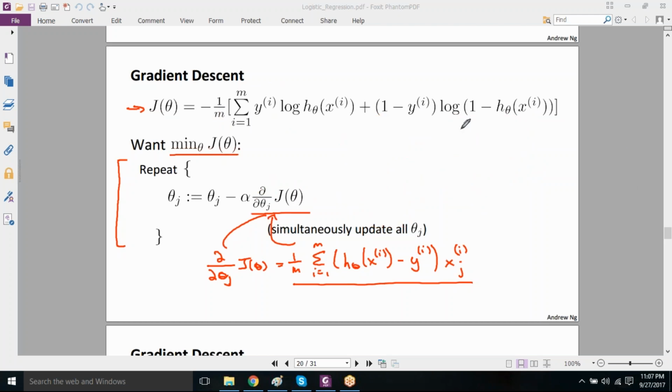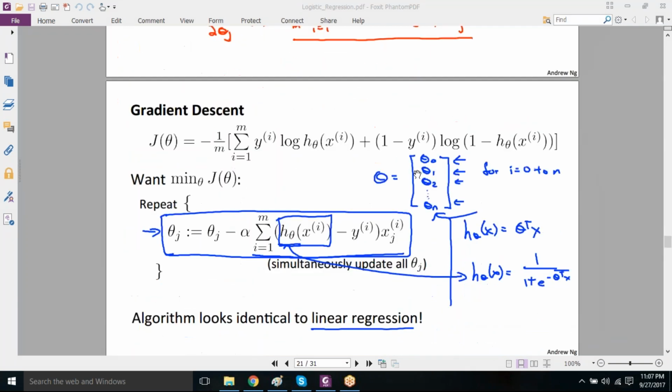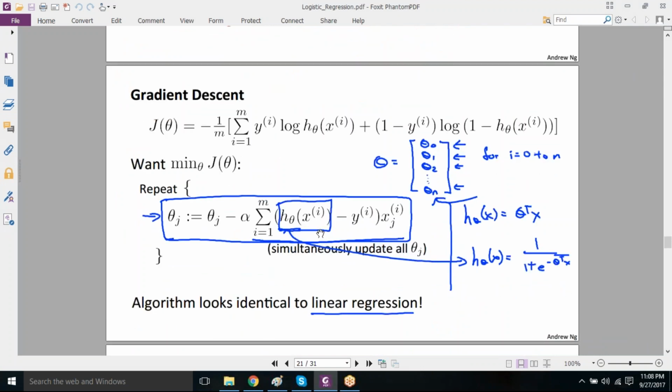The same derivative function is used here also. See, can you see this? Only thing is the same thing is used here, like your predicted minus actual into xj, but only thing is this cost function is of logistic now, so it has become this now. This function is basically calculated for gradient descent.